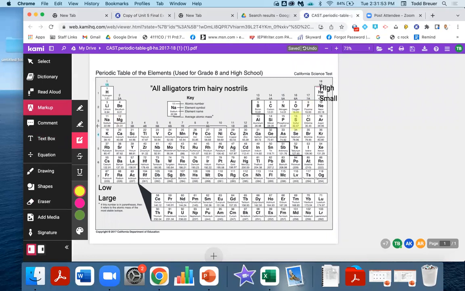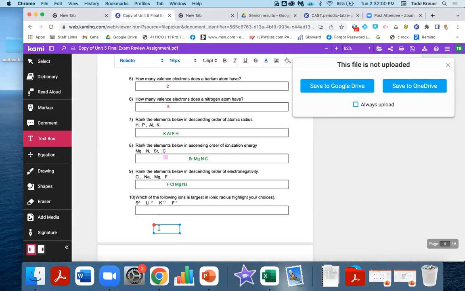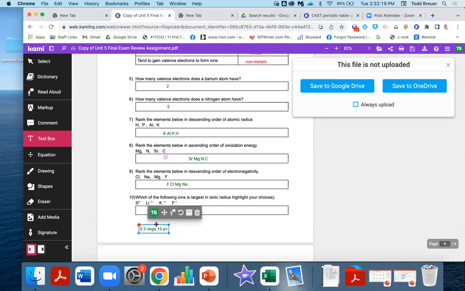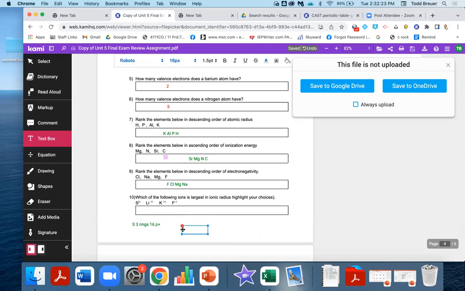The ion would have 3 rings and 16 protons. What we're looking for is the largest of these, so the size is going to be related to how many rings and how many protons attract that last ring. The more protons there are, the more attraction there is.